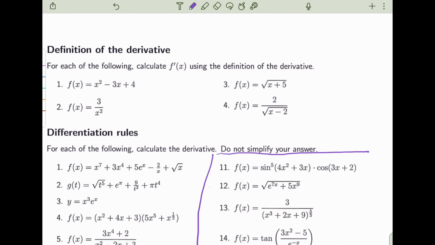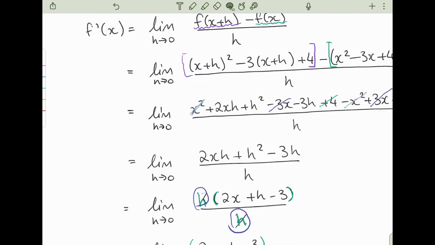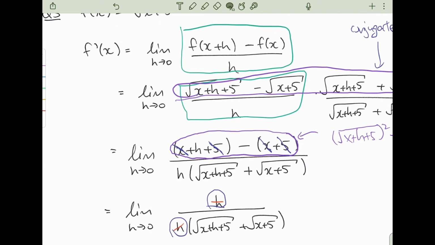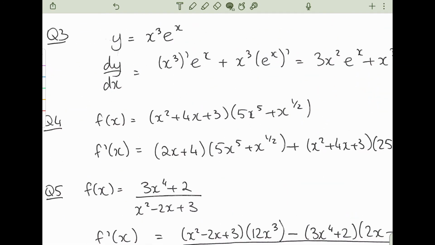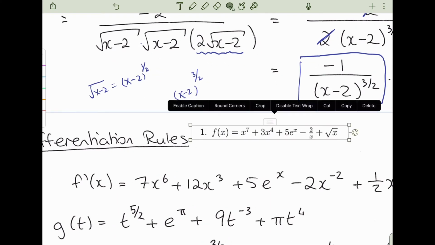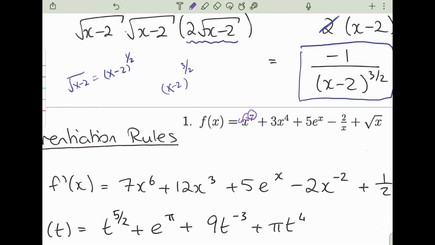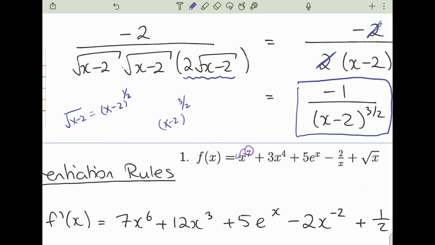You have a bunch of terms here, and you can just take the derivative term by term. By using the power rule, for the first term, you pull this 7 here, and that becomes the coefficient. And the new power is the previous power minus 1. So it becomes this.